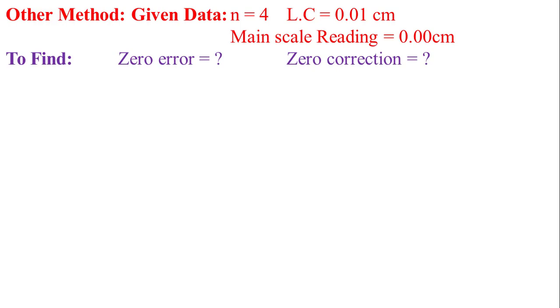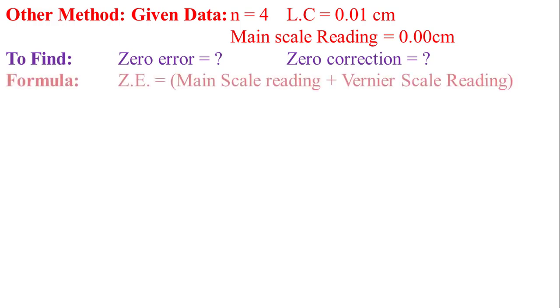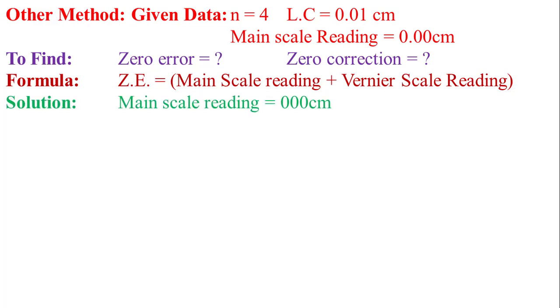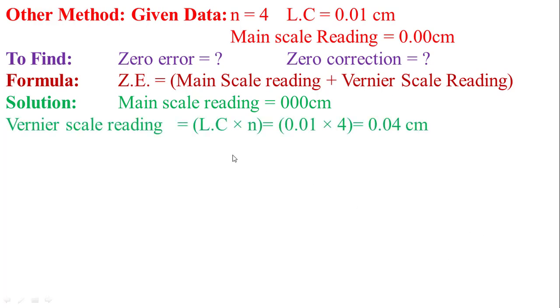To find zero error and zero correction, we use the formula: zero error is equal to main scale reading plus vernier scale reading. Now the main scale reading is equal to 0.00 centimeter. Then the vernier scale reading is equal to least count multiplied by number of divisions.